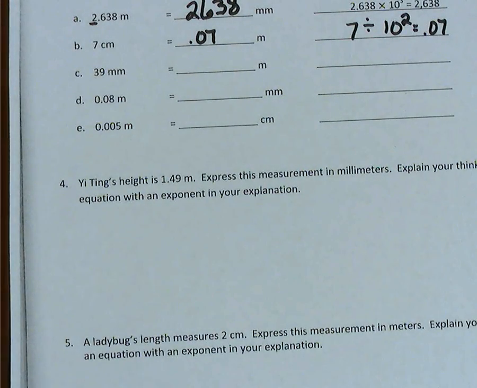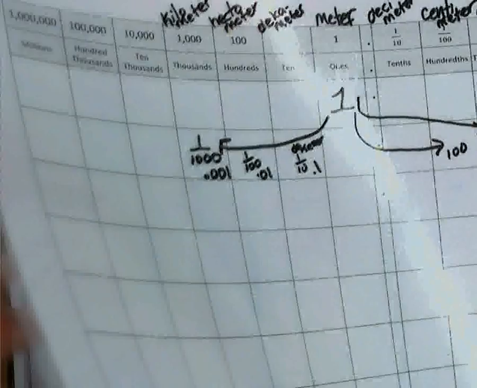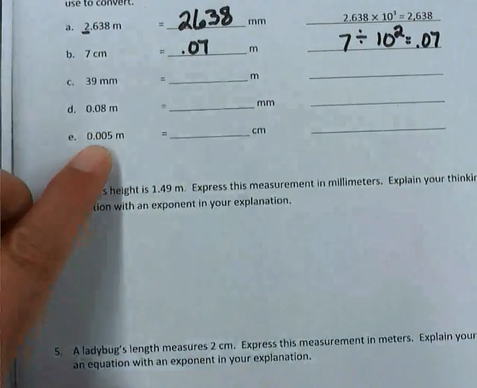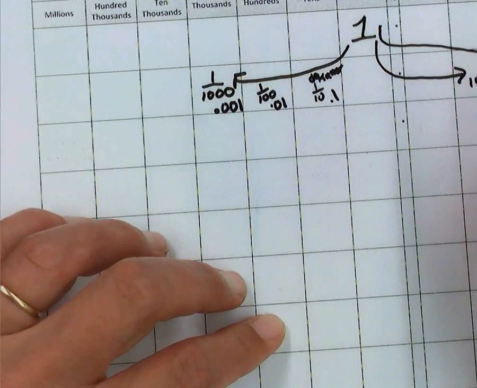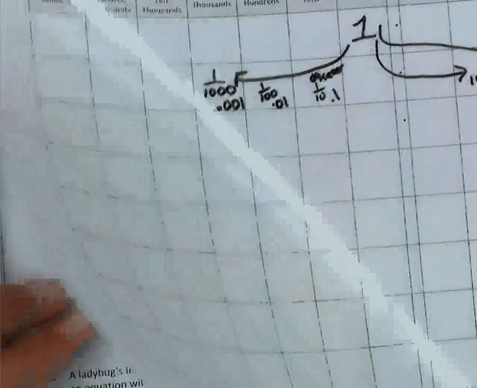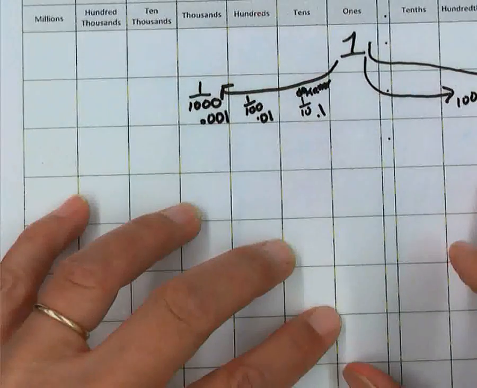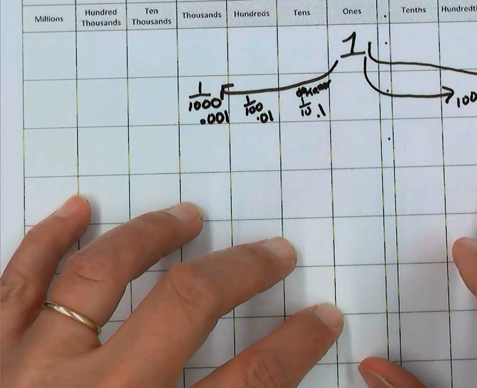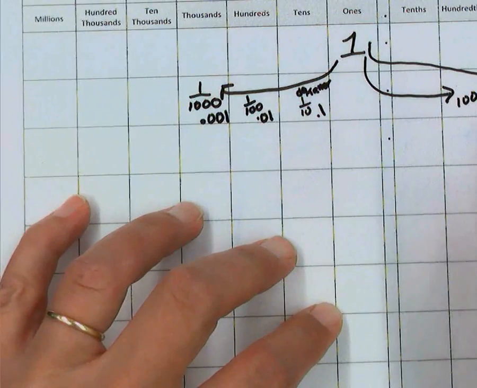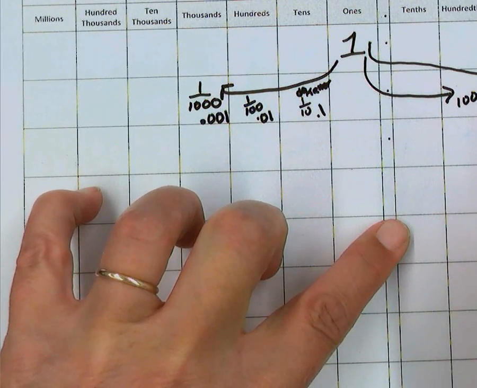So if we have 5/1000ths of a meter, that's going to be over here. It's asking us to convert it to centimeters. So to go from this much of a meter to centimeters, we're going to multiply by 100.